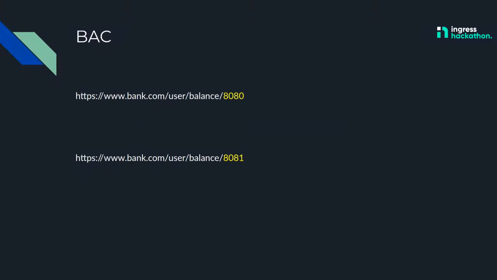Now, let's talk about broken access control. The common vulnerability which comes under broken access control is IDOR, which is insecure direct object reference, where, for example, let's consider two URLs with two accounts.